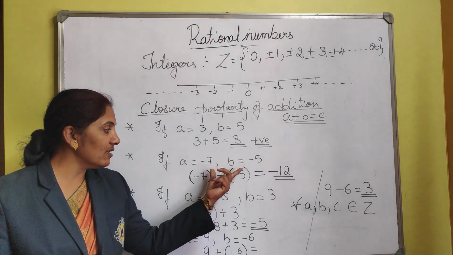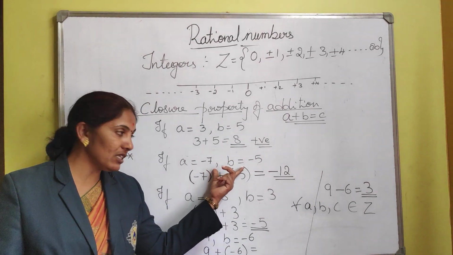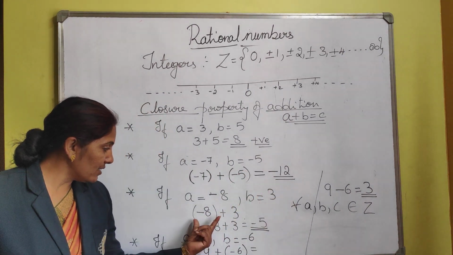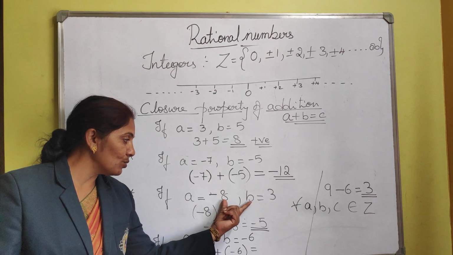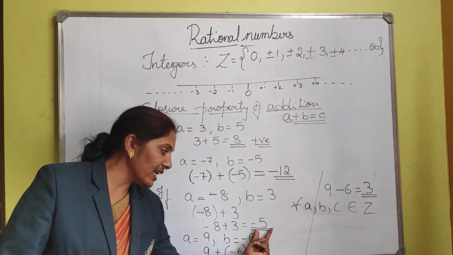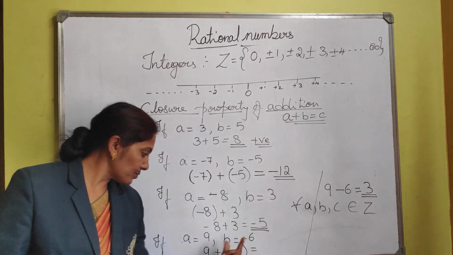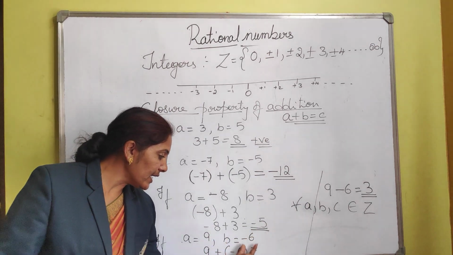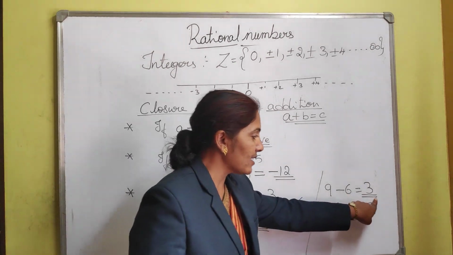When we find the sum of any two negative integers, we get a negative sum. When we find the sum of a negative integer and a positive integer, again we get a negative integer.